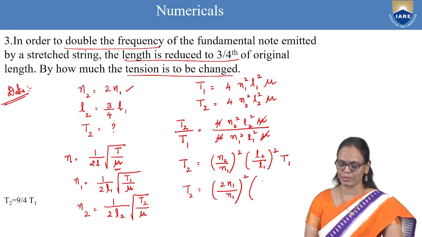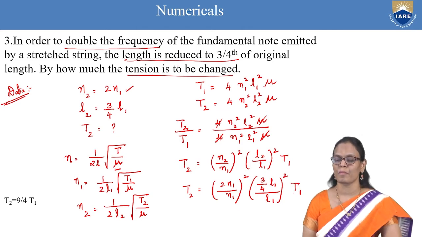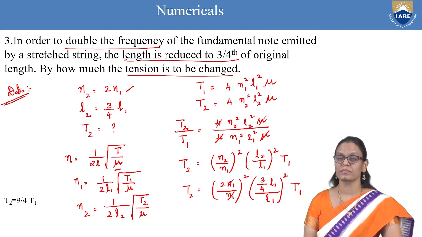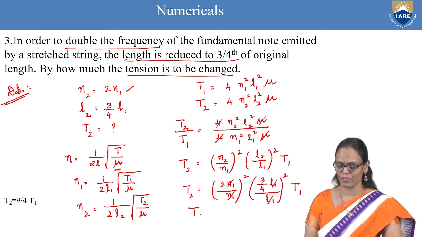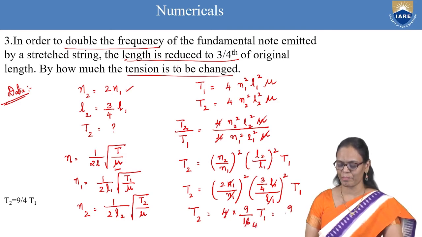What is our L2? 3 by 4 L1 by L1 whole square into T1. N1 gets cancelled, L1 also gets cancelled. So what we have here is 4 into 3 by 4 whole square, which is 9 by 16 into 4, so 9 by 4 T1.